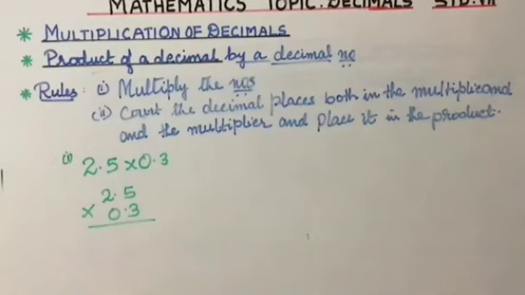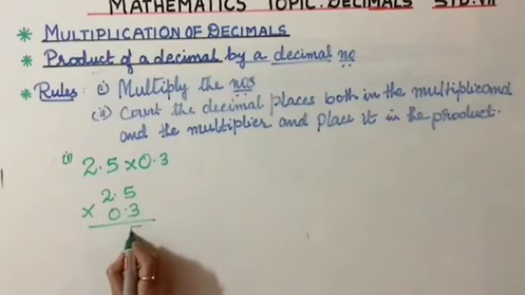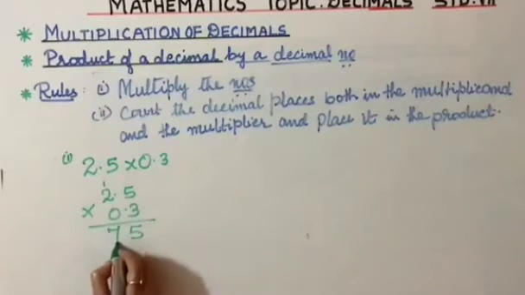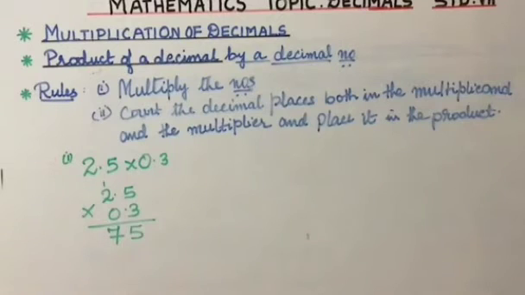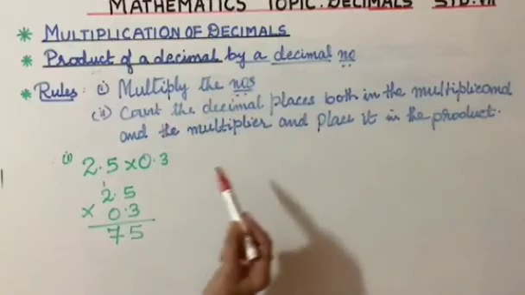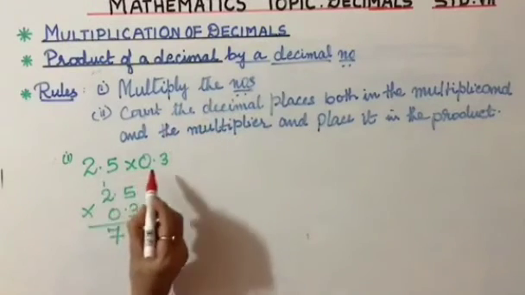Now let us imagine that the decimals are not there. Do regular multiplication. 3 5s 15. Carry 1. 3 2s 6 plus 1, 7. Fine. So far, so good. Now, what does the rule say? After multiplying, count the decimals both in the multiplicand and the multiplier.